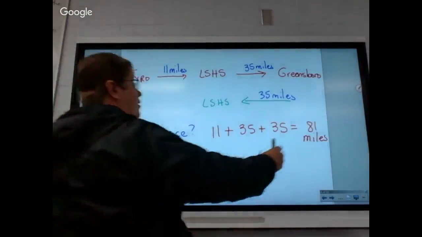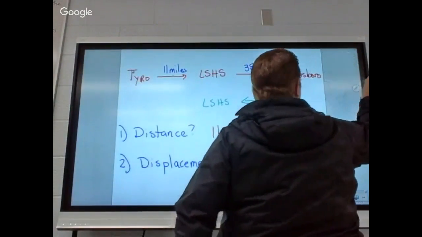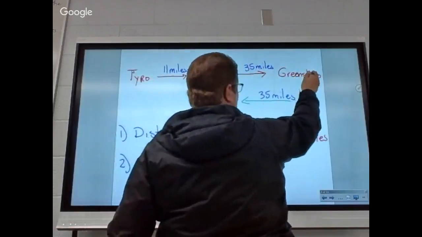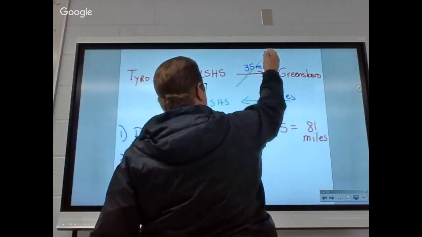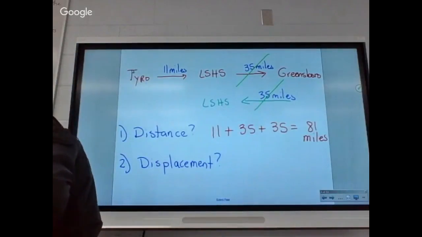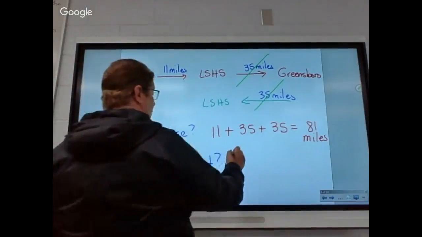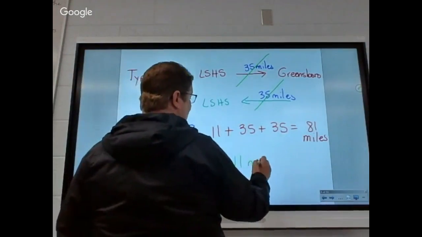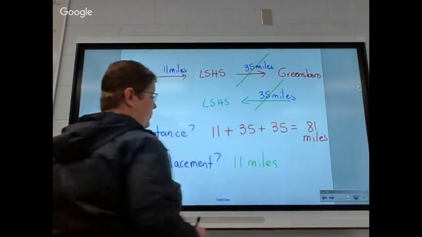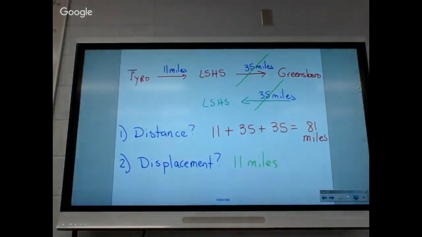This part of the problem here backtracks. I went from LSH to Greensboro and Greensboro back to LSH. Those parts cancel each other out. What is the part that I'm displaced? The 11 miles where I went from Tyro to Lexington is my displacement. Right. Okay? You with me on that?